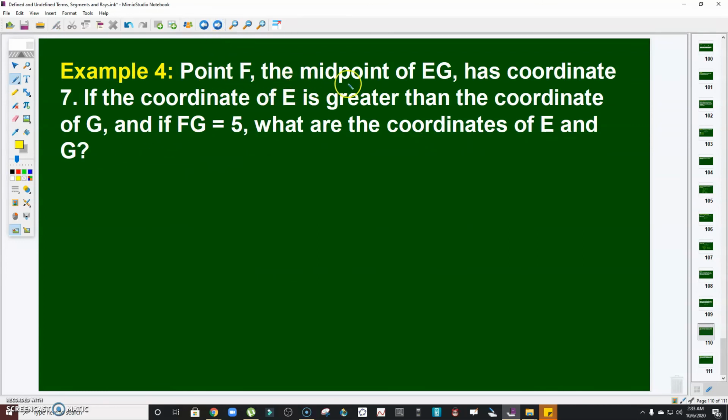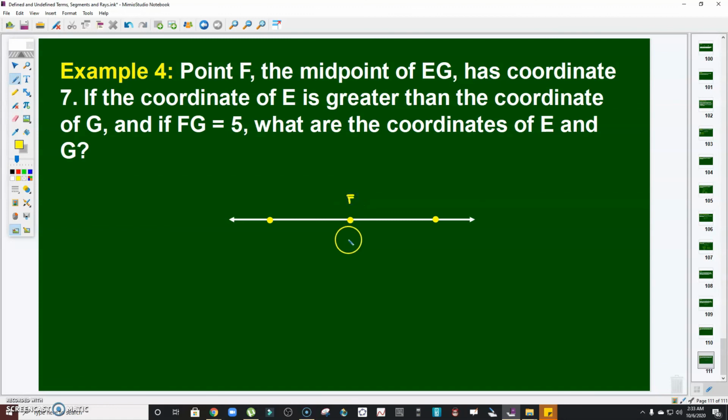Point F, the midpoint of EG, has coordinate 7. If the coordinate of E is greater than the coordinate of G, and if FG is 5, what are the coordinates of E and G? So let's draw a number line here. F is the midpoint of EG with coordinate 7, so let's put F here.